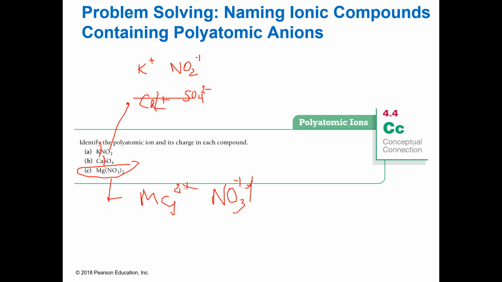So 2+ and -1. So what do I need? I need 2 of these to balance that out. So when you need more than one polyatomic ion, you need to put the polyatomic ion in parentheses. So I'm going to write my nitrate, and then I'm going to put my 2 on the outside of the parentheses.